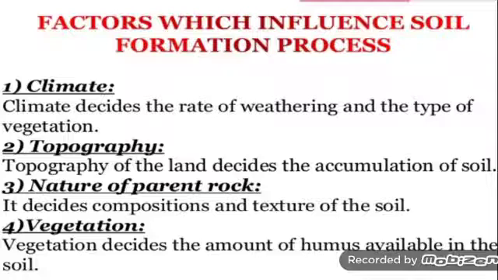Topography is considered as a passive factor to modify the effects of climate, because it affects the soil process, soil distribution and the type of vegetation. Children, the formation of soil is not a one day process. It requires many years to form.